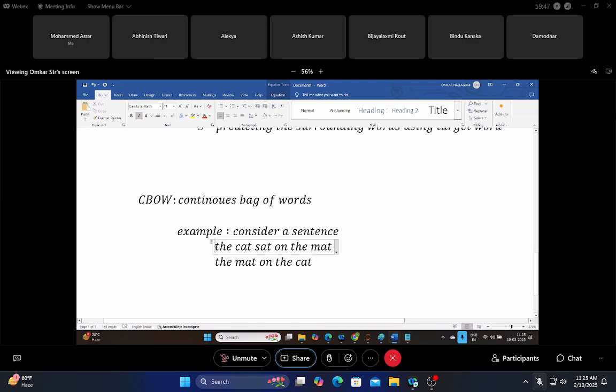Imagine that you have two sentences, sentence 1 and sentence 2.